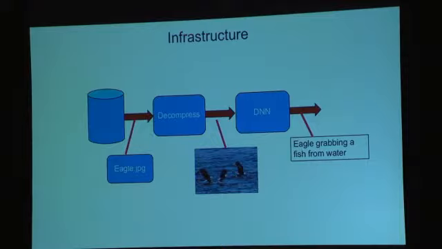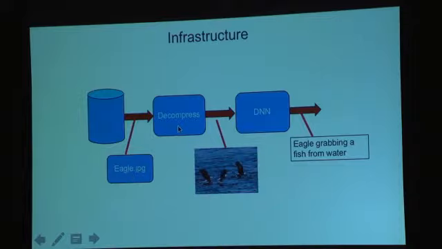So for example, if I'm doing image training, I have to make sure that I can fetch the images from whatever storage they're on. If the images are on disk, I have to be cognizant of what the maximum bandwidth of the disks are, or that can become a limiting factor. Very often people will actually store them in DRAM spread over the data center to avoid the disk access. I then have to decompress them. So for example, if I want to classify this eagle image here, this is an eagle plucking a fish out of the water, it'll start out in JPEG form.